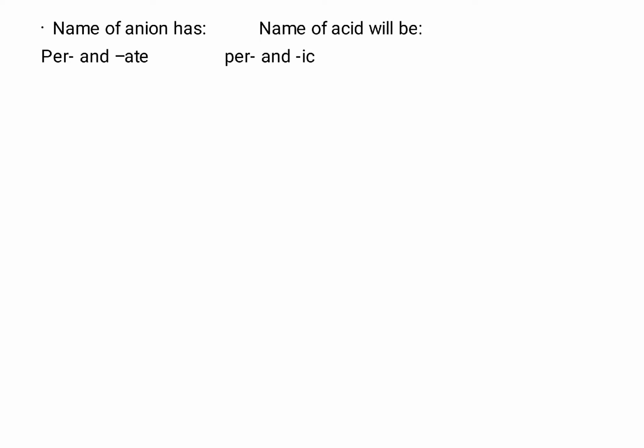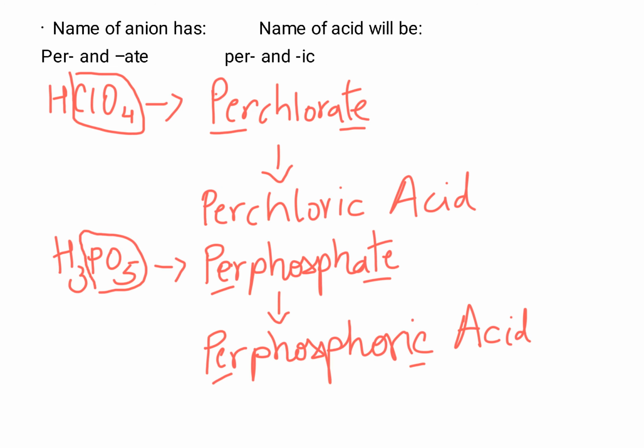Okay, so this is called perphosphate, and you identify those prefixes and suffixes, and you will know that this acid is called perphosphoric acid, per and ic. So these are the different types of acids and their formulas you will encounter. As long as you know what to look for in the formula, you can easily convert that to the name of the acid.